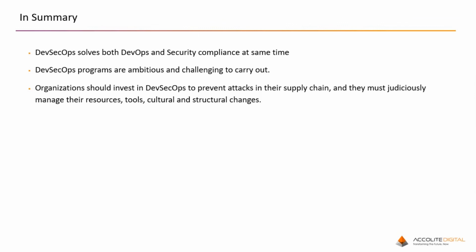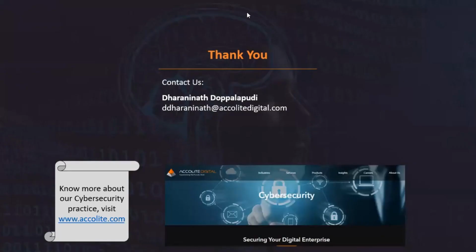At Accolite Digital, we have adopted DevSecOps and we are helping our customers adopt the DevSecOps functionalities and implement the tools for them. Organizations should invest in DevSecOps to prevent attacks in their supply chain, and they must judiciously manage their resources, tools, and cultural and structural changes. That's all from me, Srikanth.